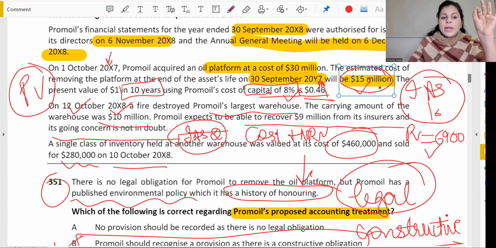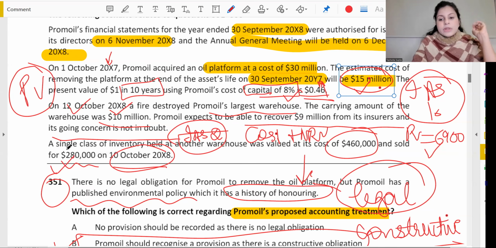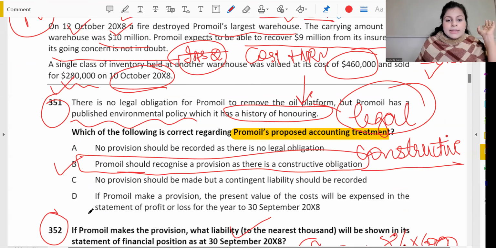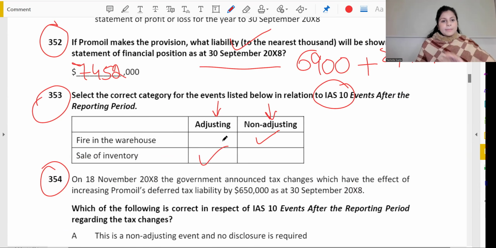So you never estimated it correctly at the reporting date of 30 September, and you got to know on 10th of October that you sold your inventory for 2,80,000. Which means this is your mistake. The condition existed at the reporting date and you did not estimate it. So that's why it's an adjusting event. So this is adjusting. Right?